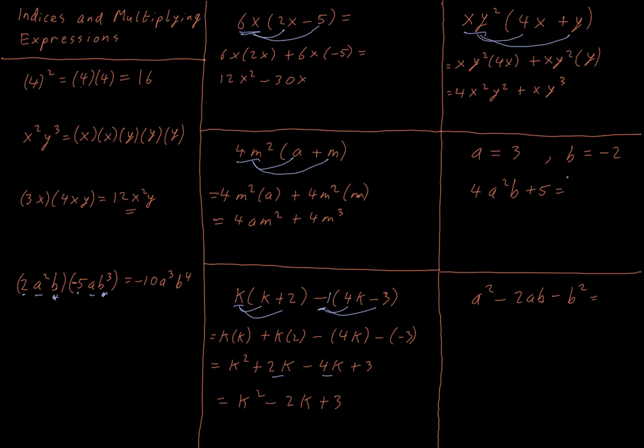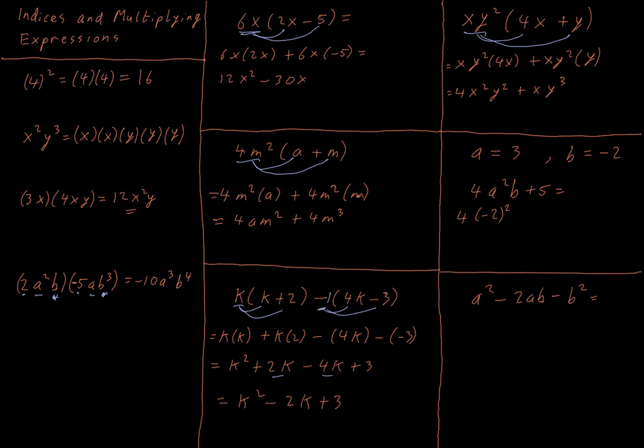Now another thing that can happen is we can be asked to do substitution that involves lots of powers. So let's practice that. We have a is equal to 3, b is equal to -2. So let's put in anywhere there's an a, I'm going to put the number 3. Anywhere there's a b, I'm going to put the number -2. So it's going to be 4 by minus 2 squared times, I know they're sitting next to each other, so that's times, I did that wrong, my apologies.